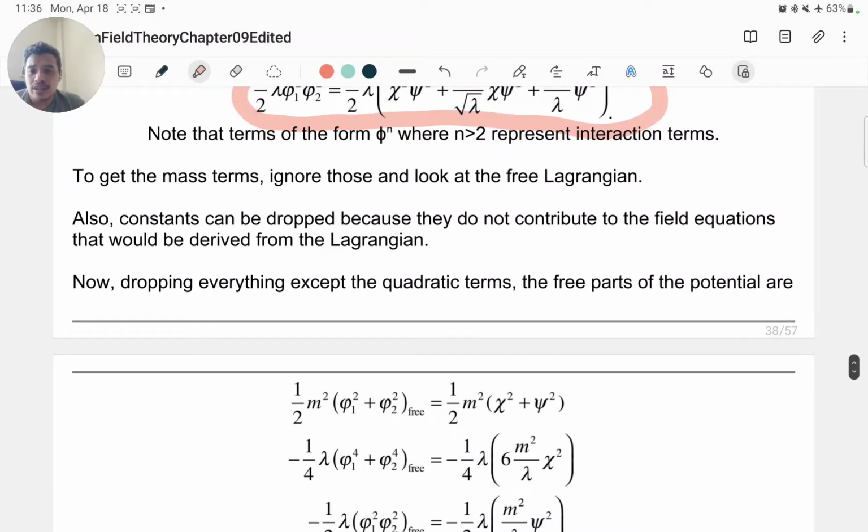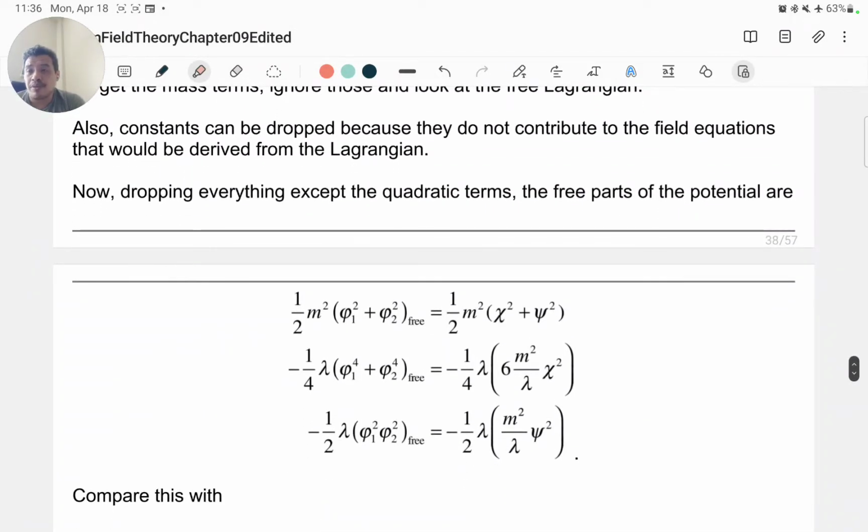By the way, constants can also be dropped from the Lagrangian. They don't actually affect the field. They don't contribute to the field equations. So now, dropping everything except the quadratic terms, the free parts of the potential are these ones here.